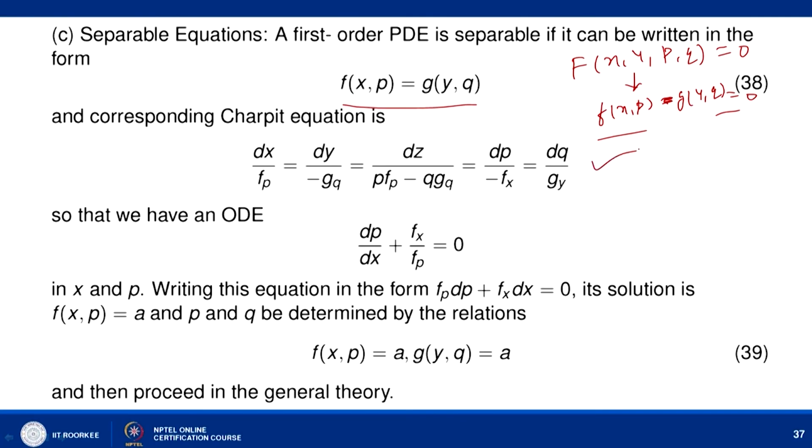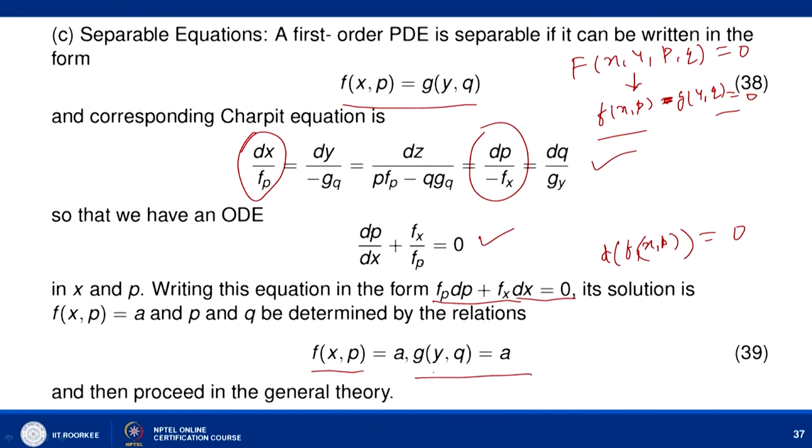You write down your Charpit equation, and now if you simplify dx upon fp and dp upon minus fx, then you get dp upon dx plus fx upon fp equal to 0, and when you solve this, we have fp dp plus fx dx equal to 0, which means it is d of f(x,p) equal to 0. So your f of x, p is a constant value. If f(x,p) is constant, then g(y,q) is also constant, the same constant.